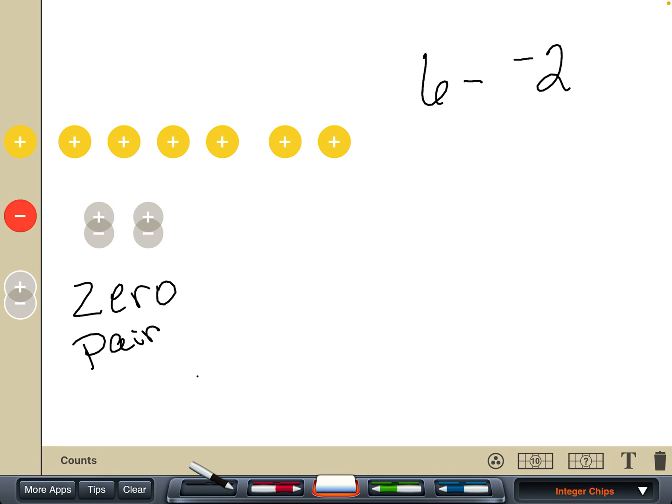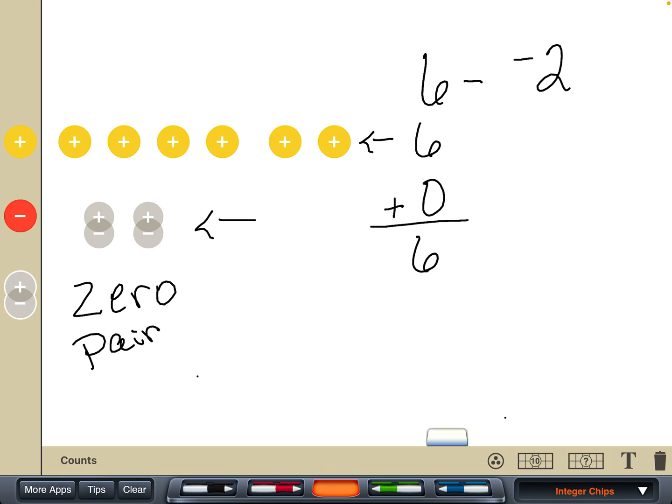But we haven't added value to what we have here because this is 6. This is 0, and 0 plus anything is just that value. So we haven't added any value to our 6. It's still 6, but now we have some negatives that we can take away, right?